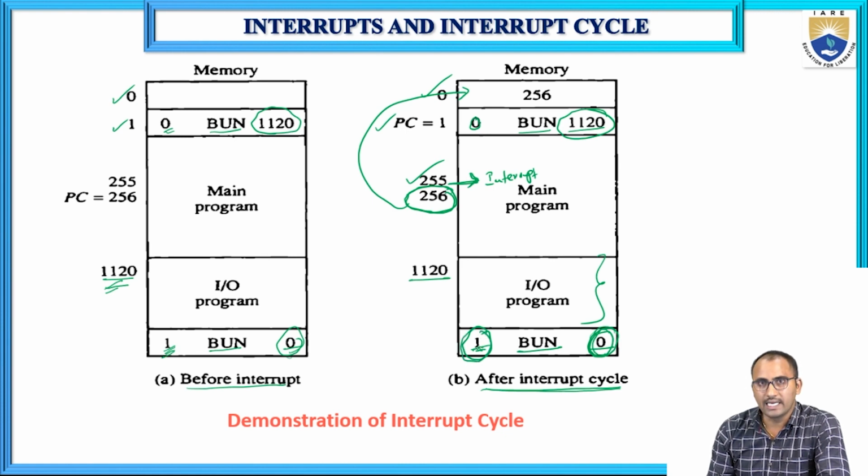So 1 means indirect. It will go to location 0, and in location 0 we have the return address. Using this return address, the program control will be transferred from this IO program to the main program. So this is the interrupt cycle.